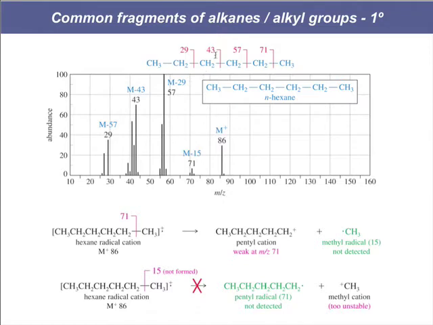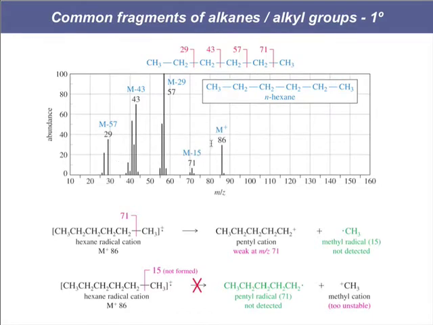If we cleave off 3, that's 2 propyl fragments, which are 43. So we're going to have a 43 and another 43. So 15 is methyl, 29 is ethyl, 43 is propyl, 57 is butyl, and 71 is pentyl.